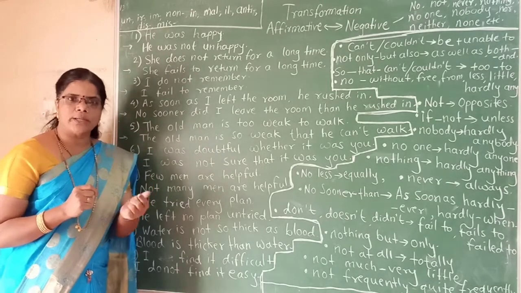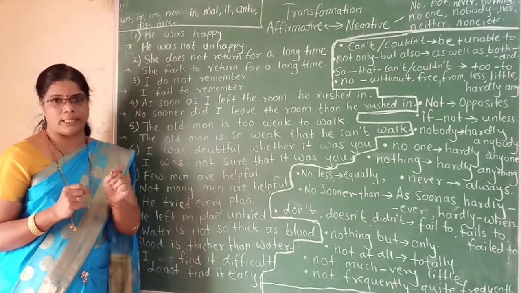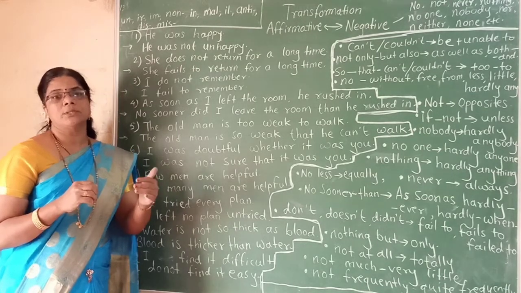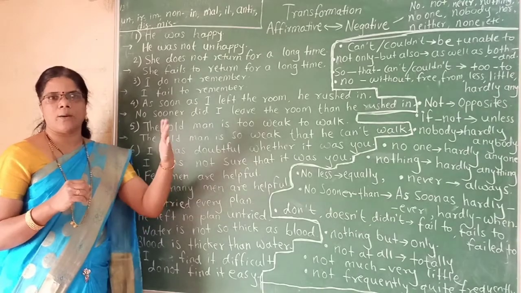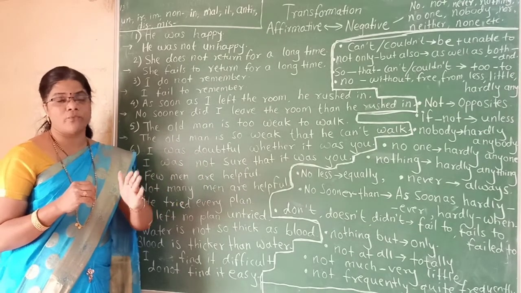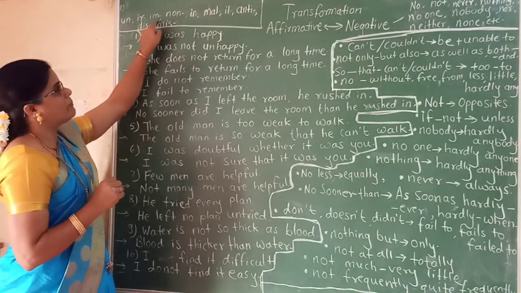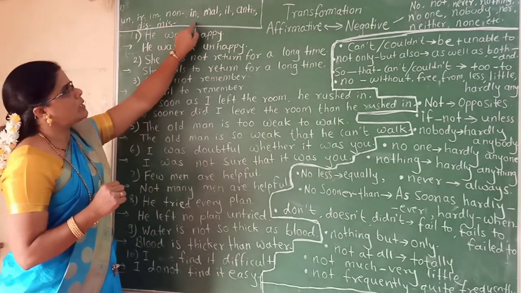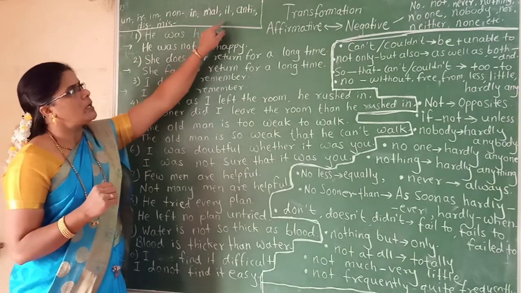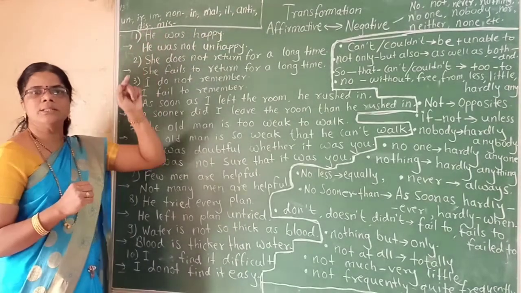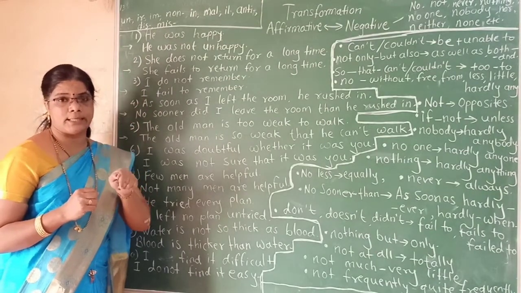These are also called negative prefixes in English. And which are those negative prefixes in English? Those prefixes give us the opposite word of the original word. So here, un, ir, im, non, in, mal, ill, anti, dis, miss. These are the negative prefixes in English.